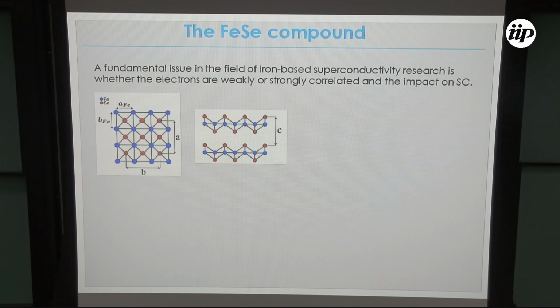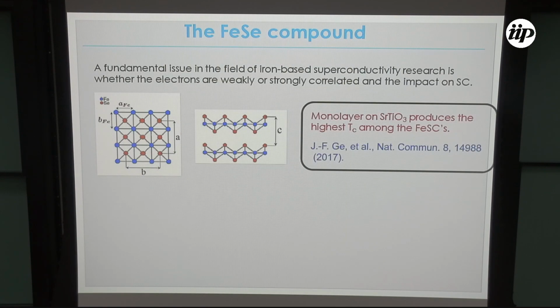Okay, so why do we choose iron selenide? This compound stands out as having one of the simplest lattice structures among the iron-based superconductors, and the lattice structure is given schematically here.